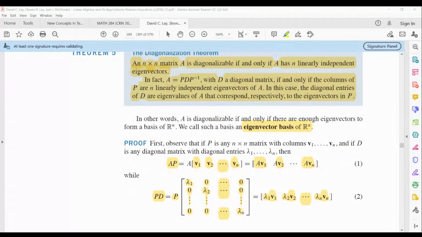Is A times P equal to P times D? Should the matrix product A times P equal the matrix product P times D?